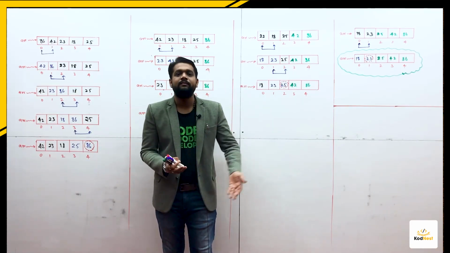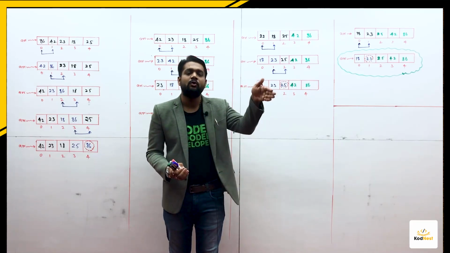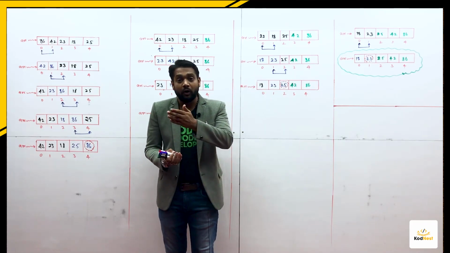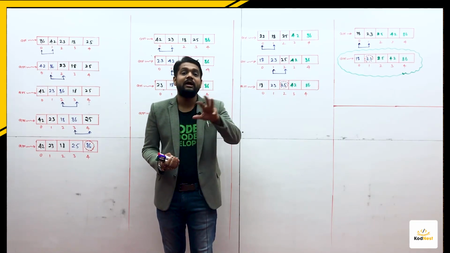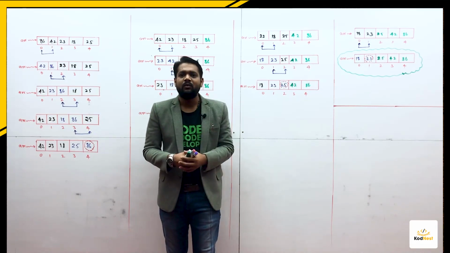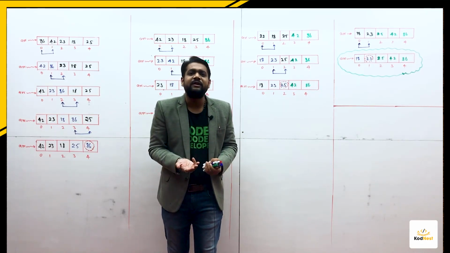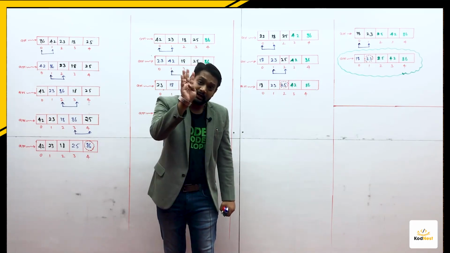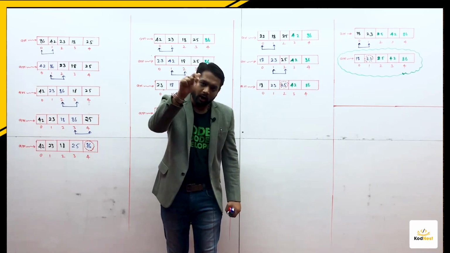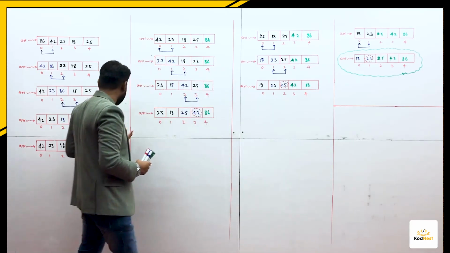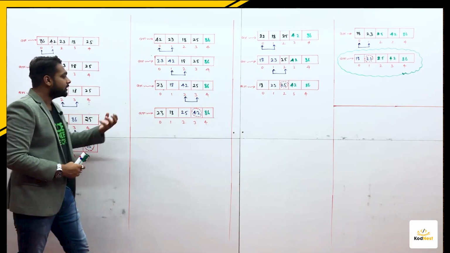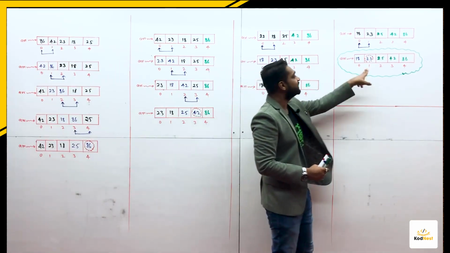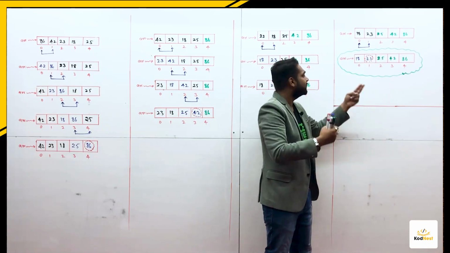The 5th one certainly will be taller than everyone, so he should go at last. Or if 4 have stood according to their heights, the last one will go and stand wherever he fits. It will be sorted only. Am I not correct? If 4 elements get their position, one automatically will get the position. That is what has happened. 86 got, 42 got, 25 got, 23 got. 18 automatically will get, it got.